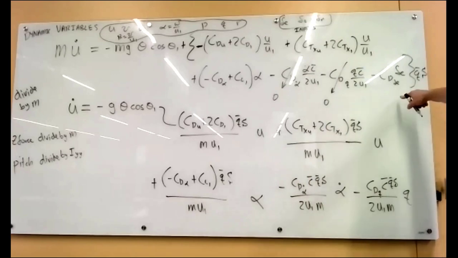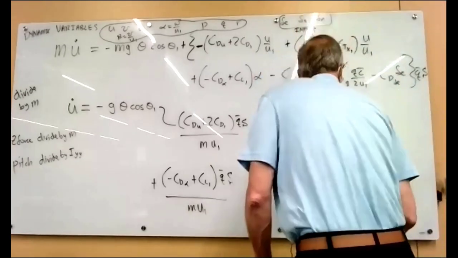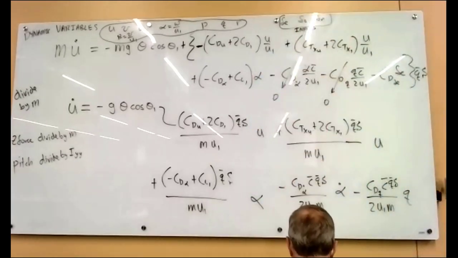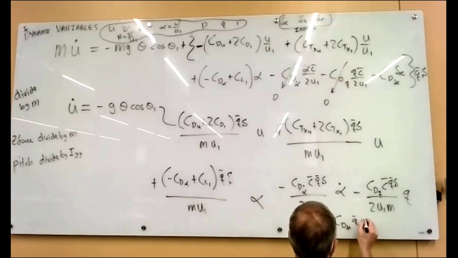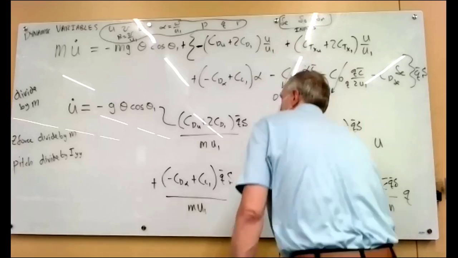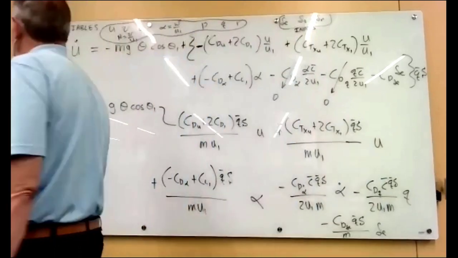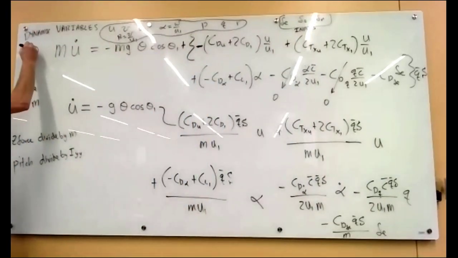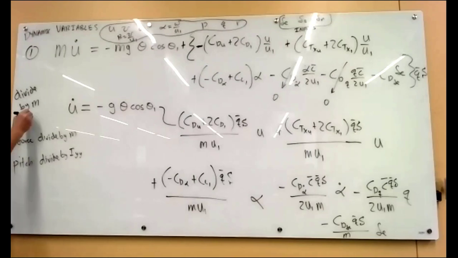And then I've got this last term here I'm going to squeeze in down here at the bottom. So I guess this is step 1, is take the dynamic equation and substitute in the forces and moments. Step 2 is to divide by m.